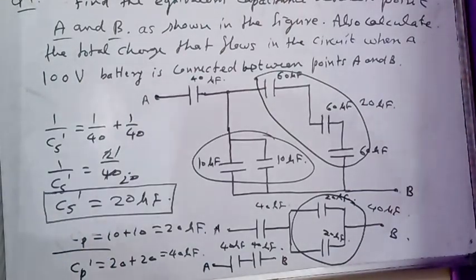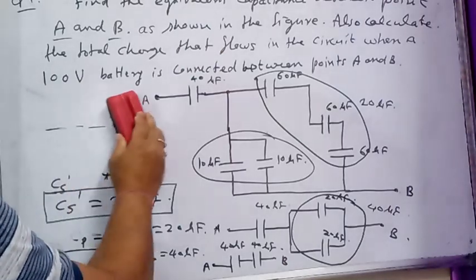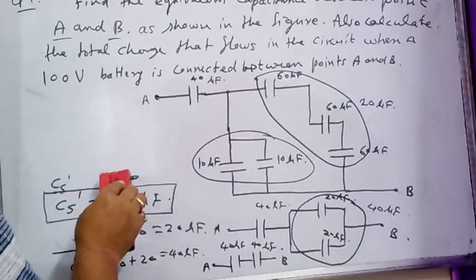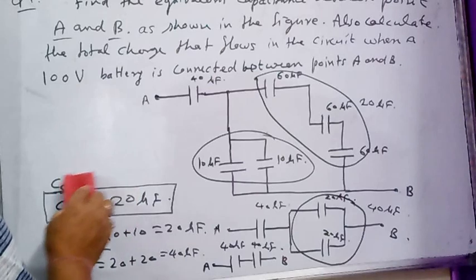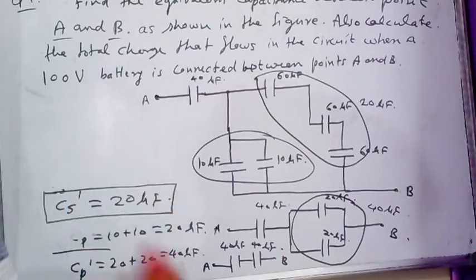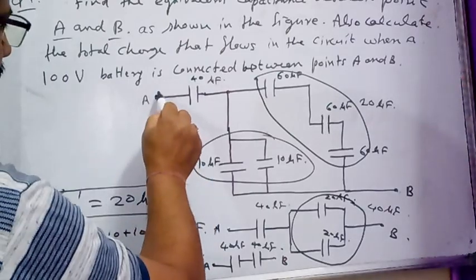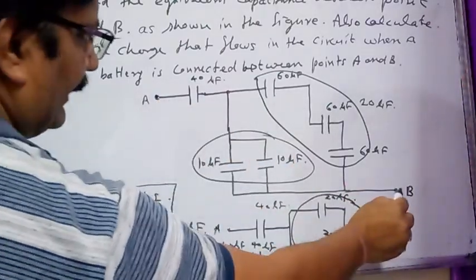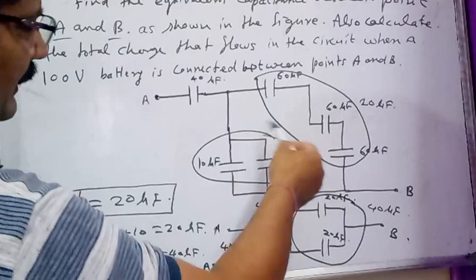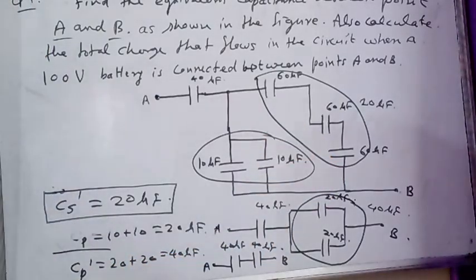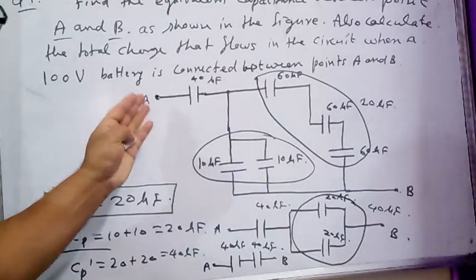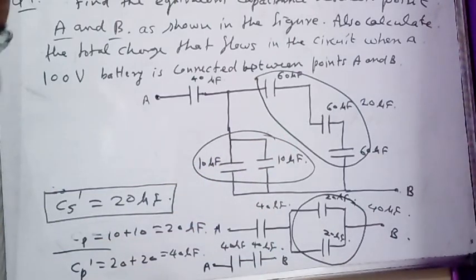Now the equivalent capacitance of this network is 20 microfarad. The second part of the question: if a battery of 100 volt is connected between point A and B, what going to be the amount of charge stored in the combination, or you can say what going to be the amount of charge that flows through this network?